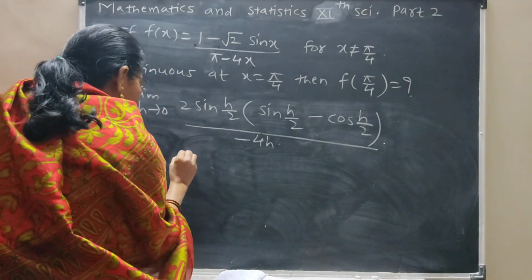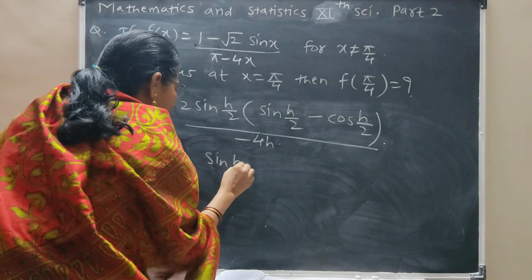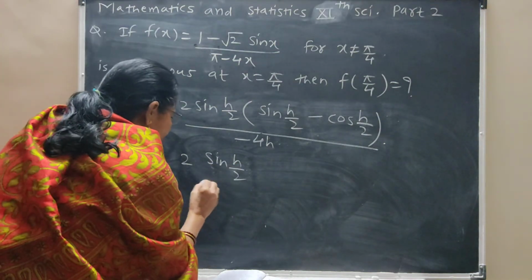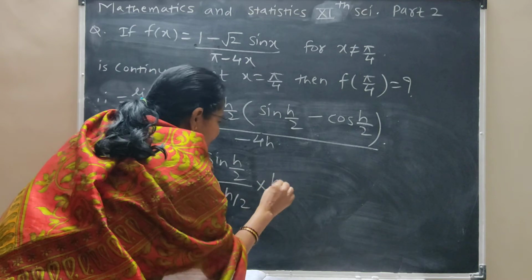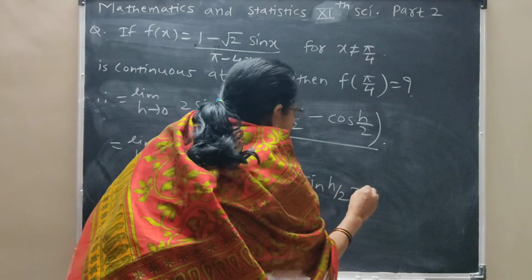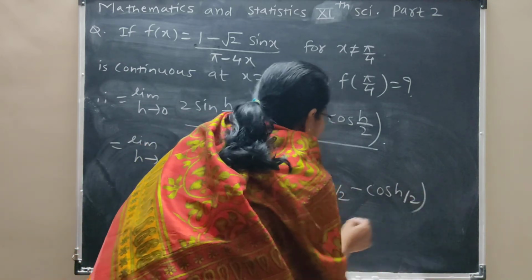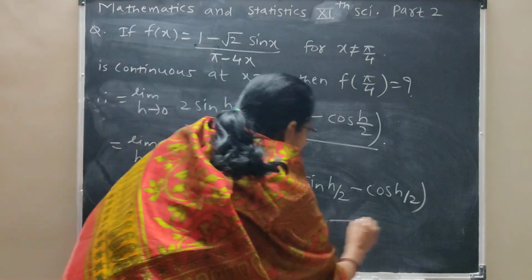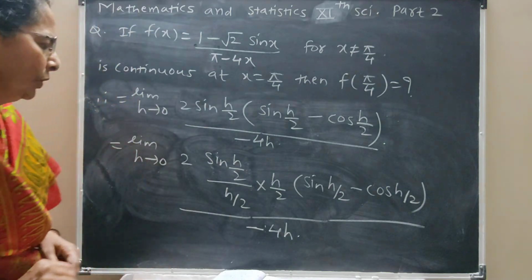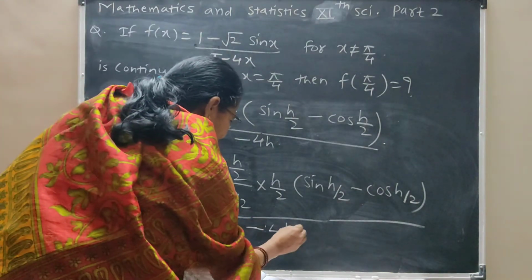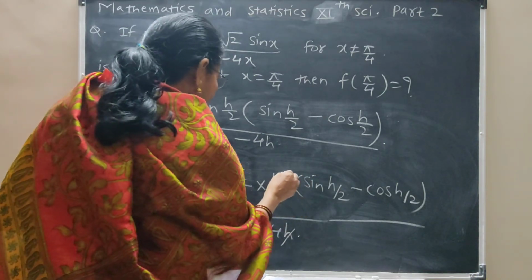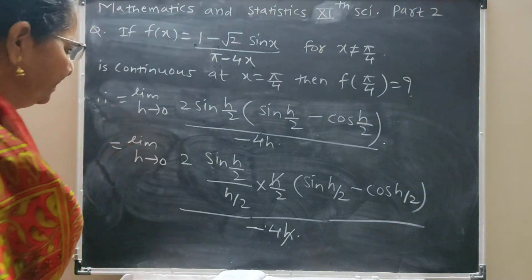Now 2 sin h by 2, we write as sin h by 2 upon h by 2 into h by 2, times the other bracket, sin h by 2 minus cos h by 2. At the denominator there is minus 4h. Now h from the denominator and h from the numerator get cancelled.